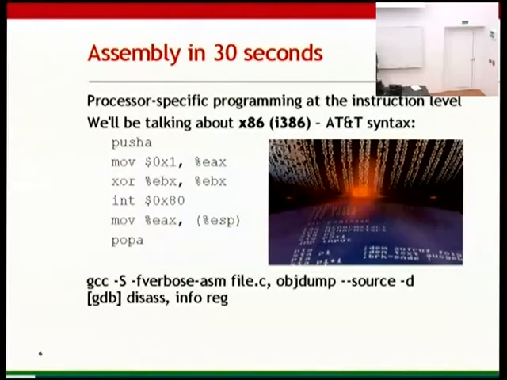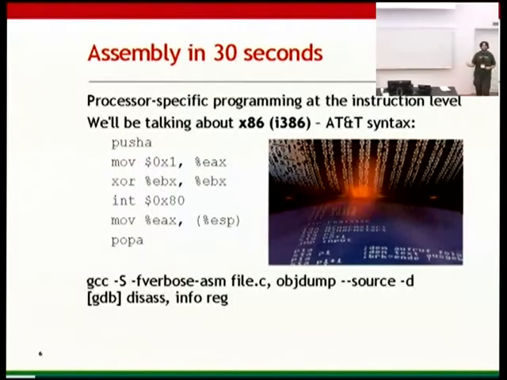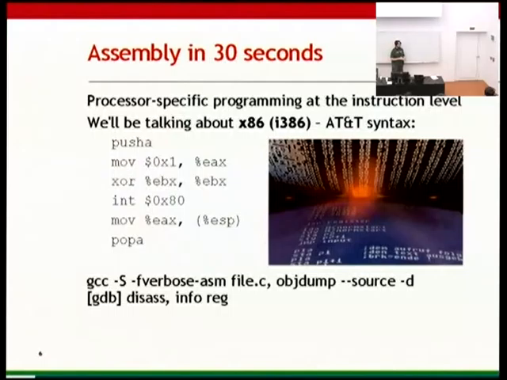Well, it is a programming language, but in a normal language, you write some high-level commands, and they get translated to instructions, which are executed by the processor. In assembler, you are writing directly the instructions that are executed by the processor, so you need to know exactly how the processor internally operates and which registers the processor has, how does it access memory, and so on.